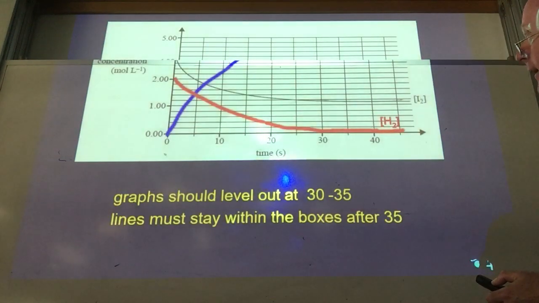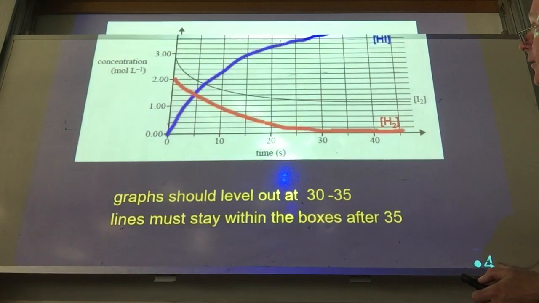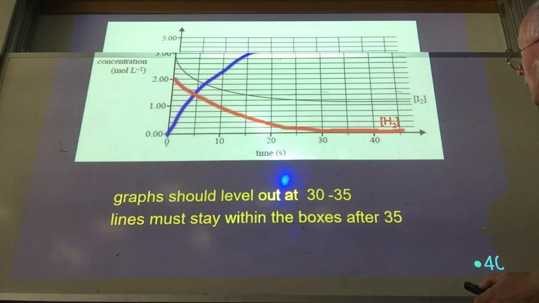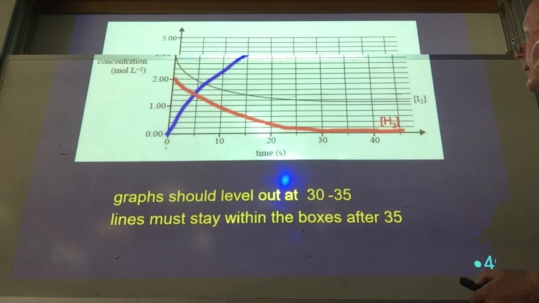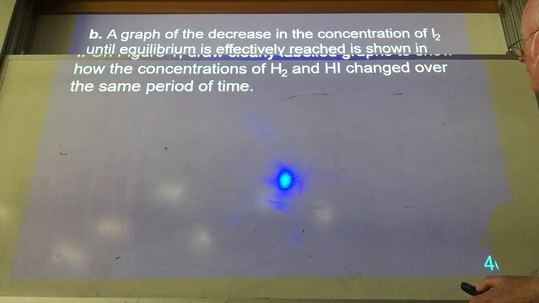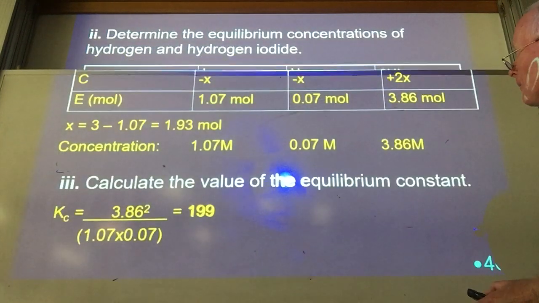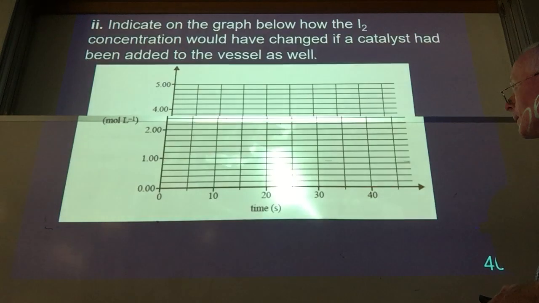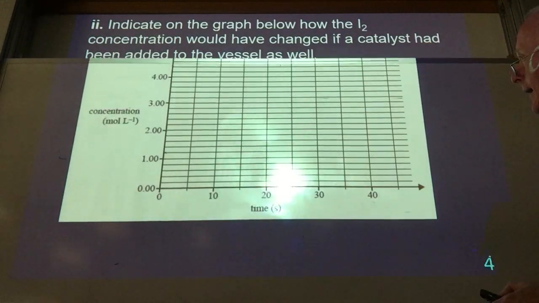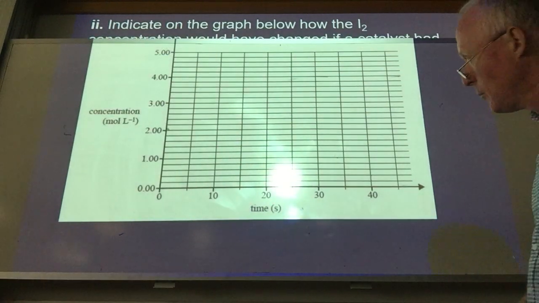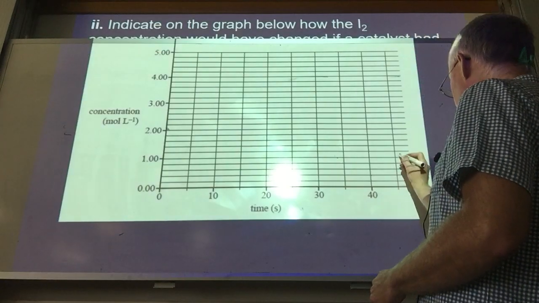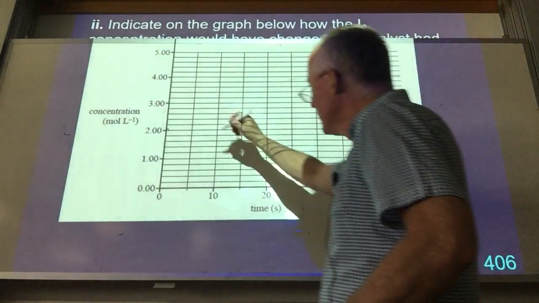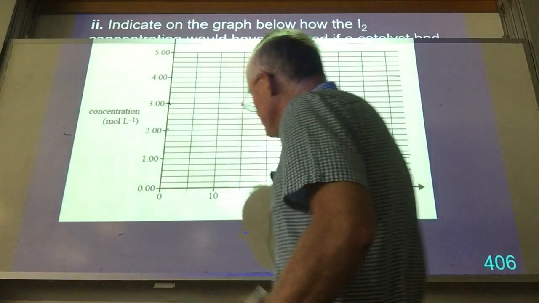You're going to start off at, what did we start off with for iodine? 3. We're going to end up at 1.07? And so that's the starting point and the ending point. 1.07 starts off at 3.